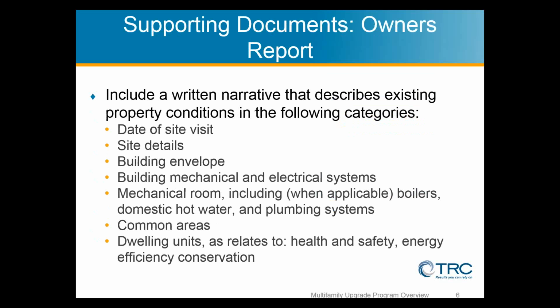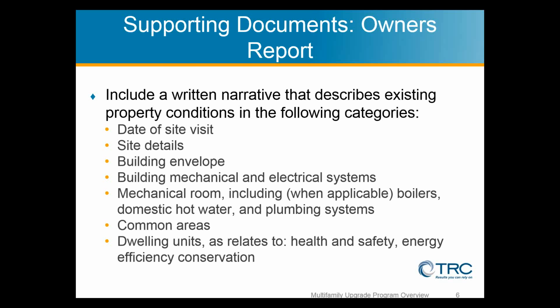So the owner's report, basically this is a written narrative that describes the existing property conditions. And the following categories are what we're looking for within this report. So we're trying to gauge the date the site was visited, any site details that we should be aware of, the building envelope, what the condition is, windows, walls, and roof type.